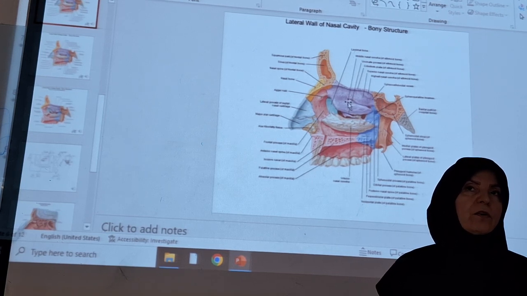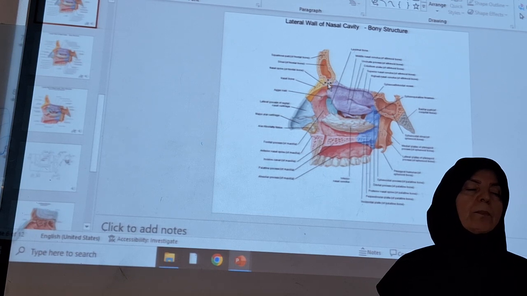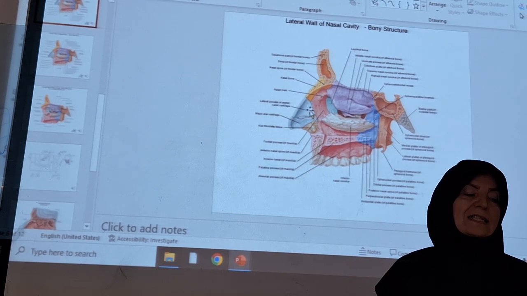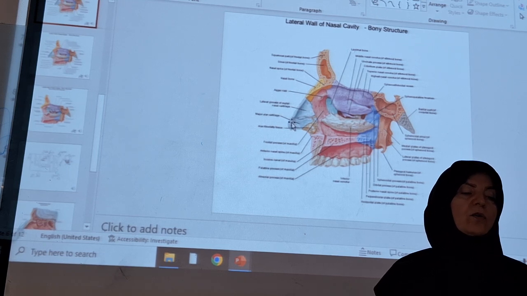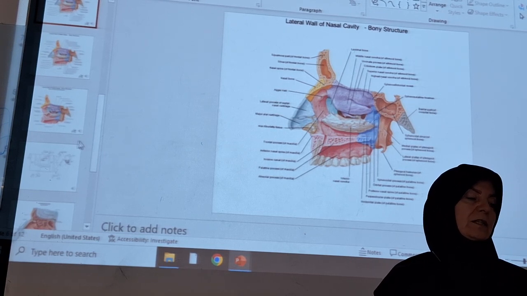And if you notice, the nasal spine of the frontal bone and some of the nasal cartilage also participate to form the lateral surface of the nasal cavity.